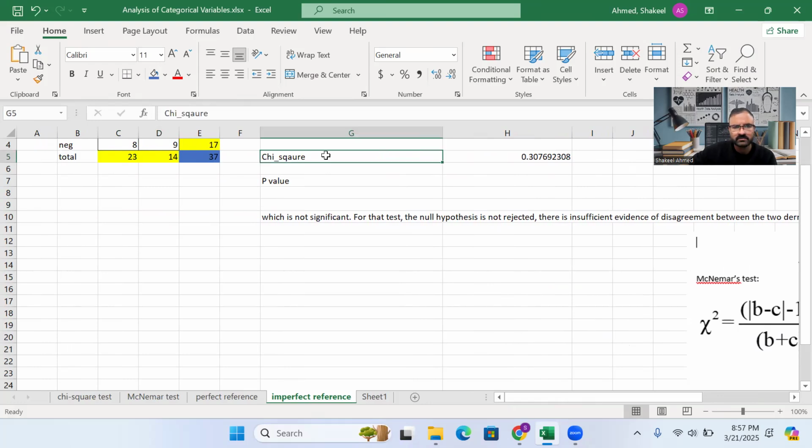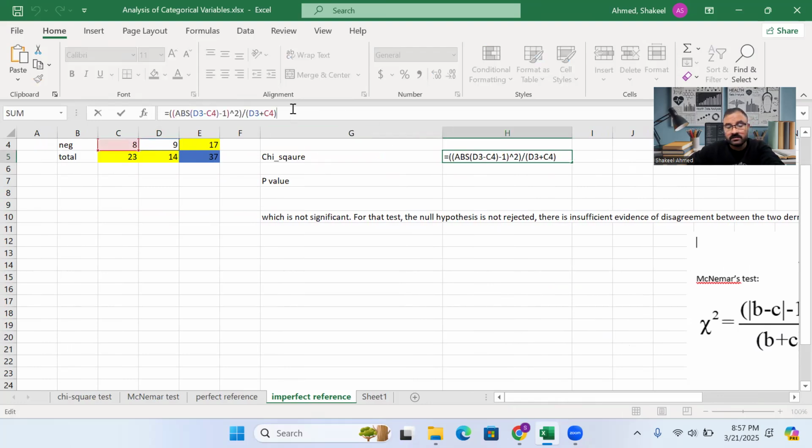So we can find the value of the chi-square as I have already calculated.